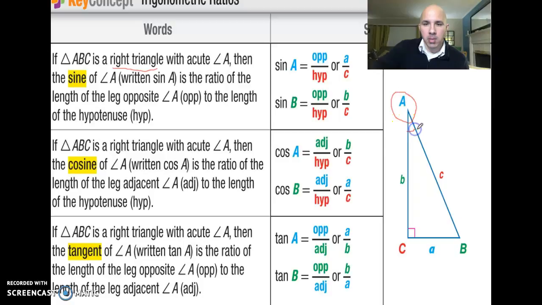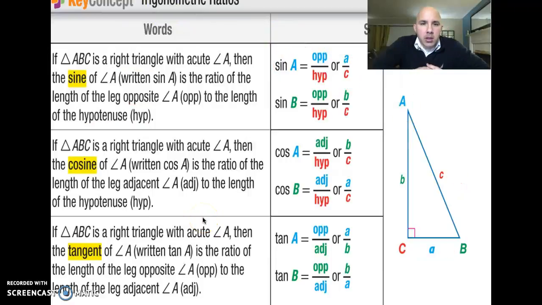The sine of angle A is the ratio of the length of the leg opposite angle A to the length of the hypotenuse. So this would be my opposite, and this would be my hypotenuse. This is what it will look like: sine A.